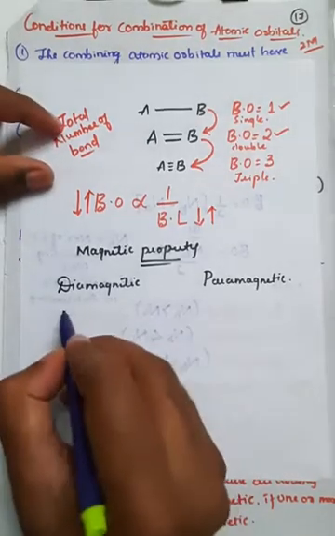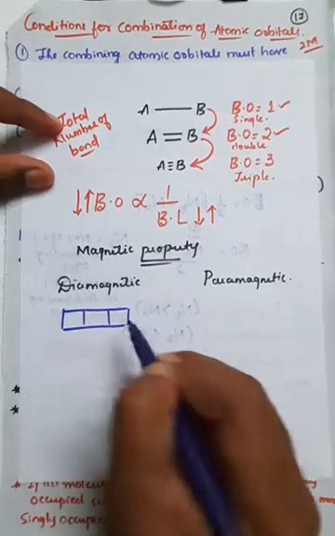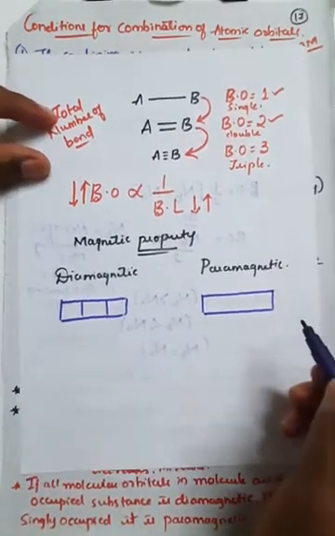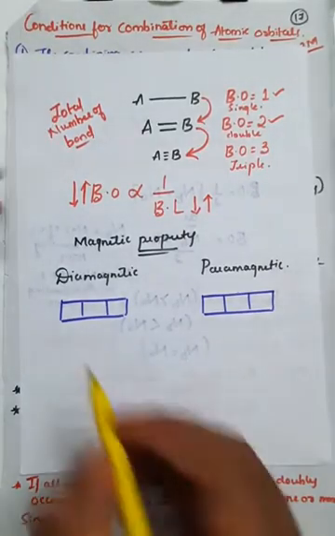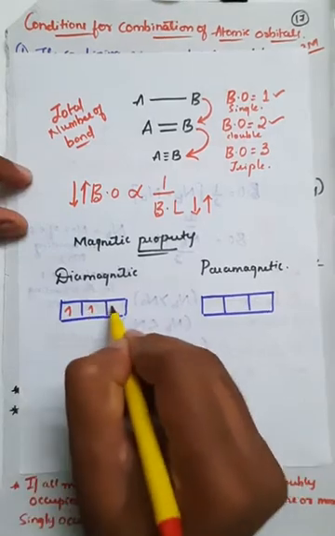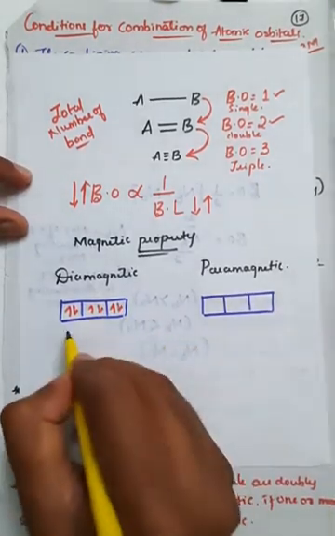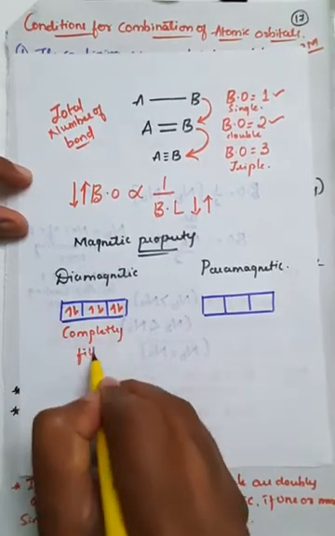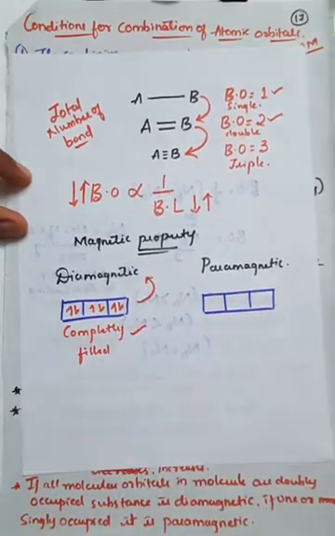For example, if you take p orbitals here, p orbitals are 3, right? We will take the same molecule in both examples. Here in this case, if all the orbitals are doubly occupied, which means it is a completely filled electronic configuration, then it is called diamagnetic, right?